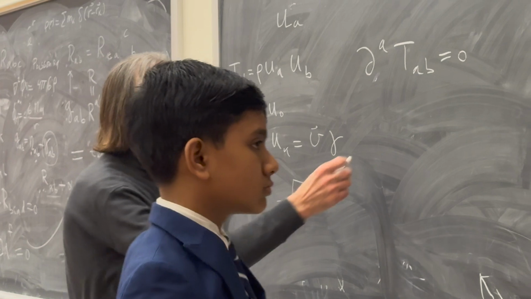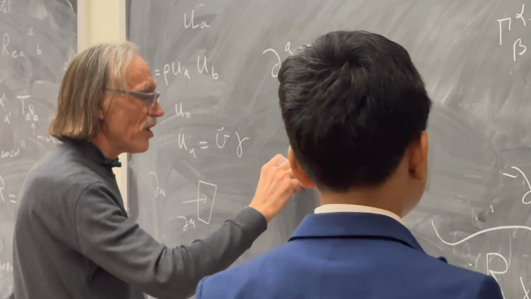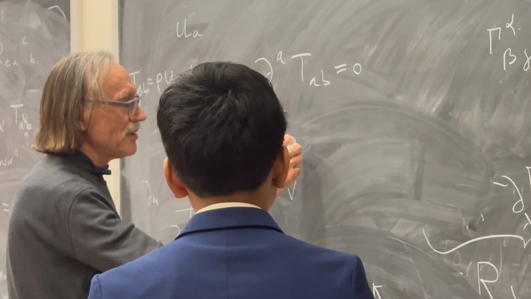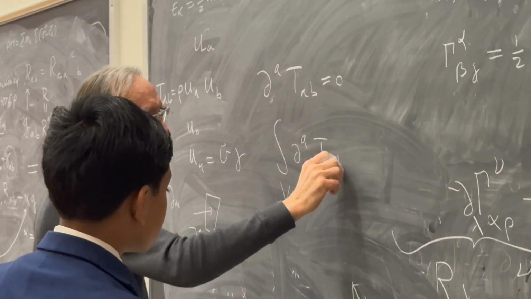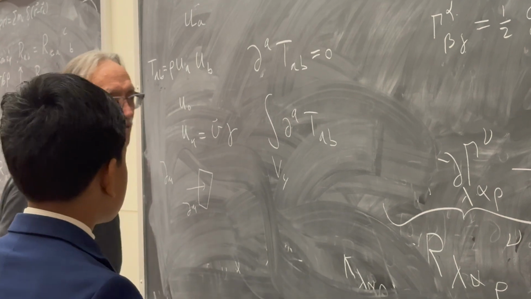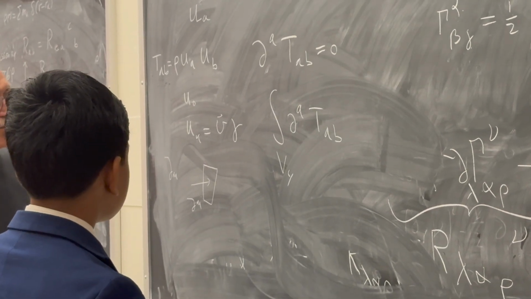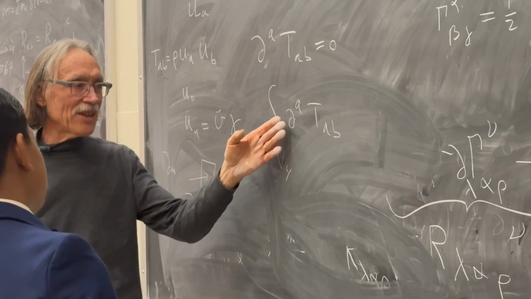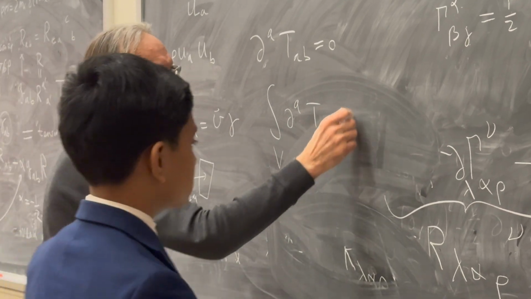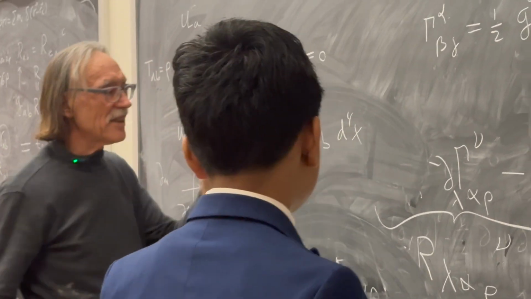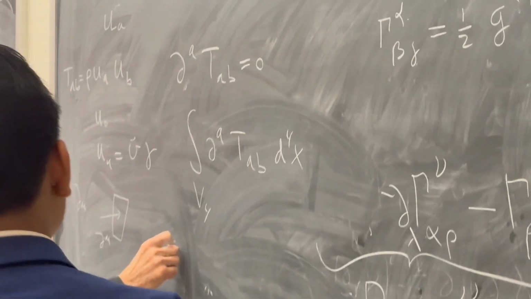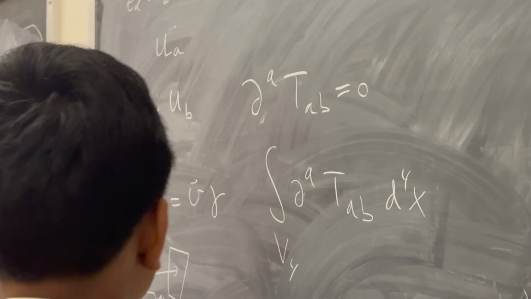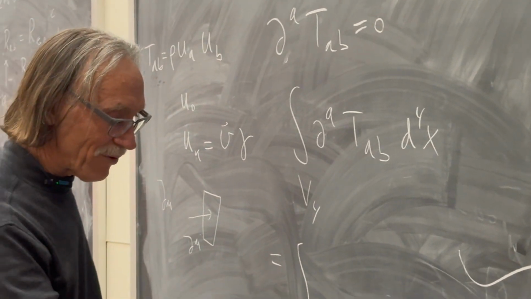If you integrate this over some volume of ∂_A T^{AB}, and this is a four-dimensional volume, you can integrate this by parts, and then this becomes an integral over the boundary of the four volume.